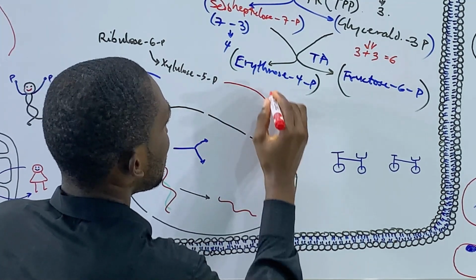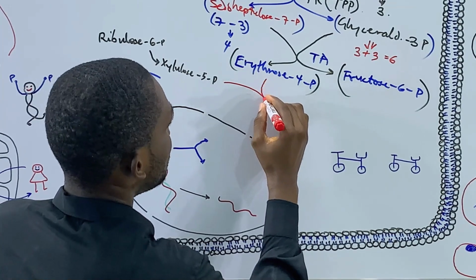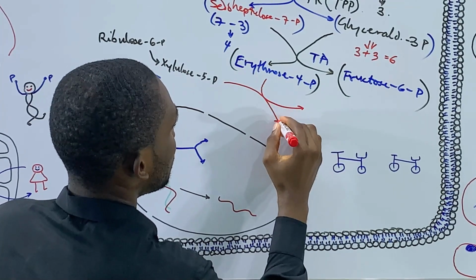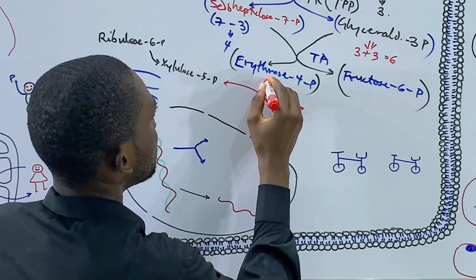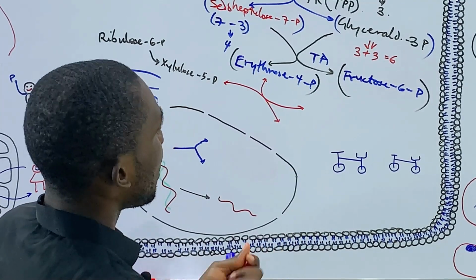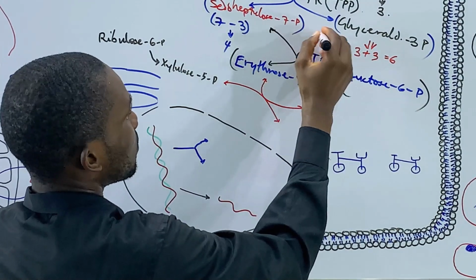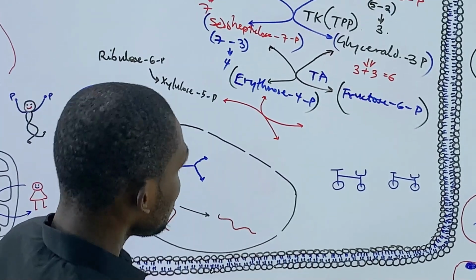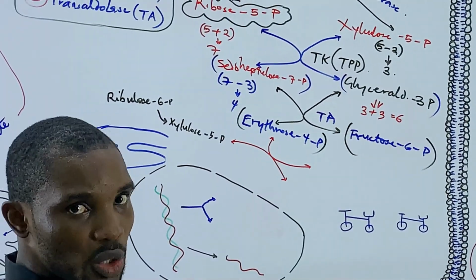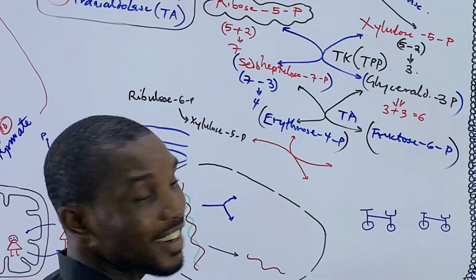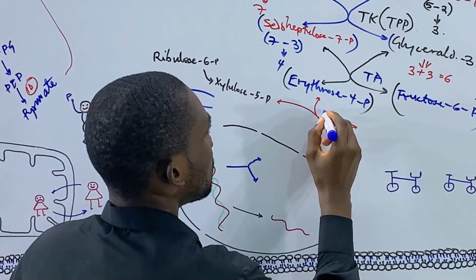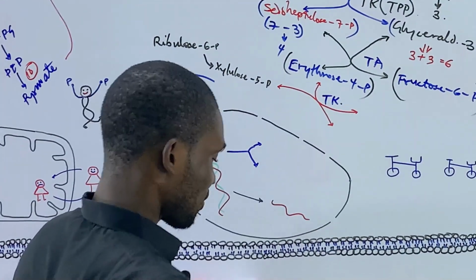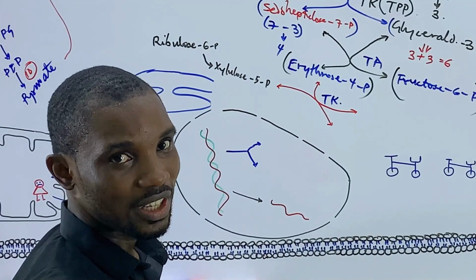So these would now undergo the next set of reversible reactions. Remember, all these reactions are reversible. So it was transaldolase we had previously. Now we have what? Transketolase.